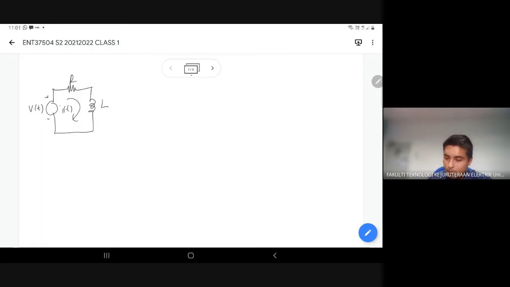Okay, can you see it? Alright. So according to the table, you have two components here.